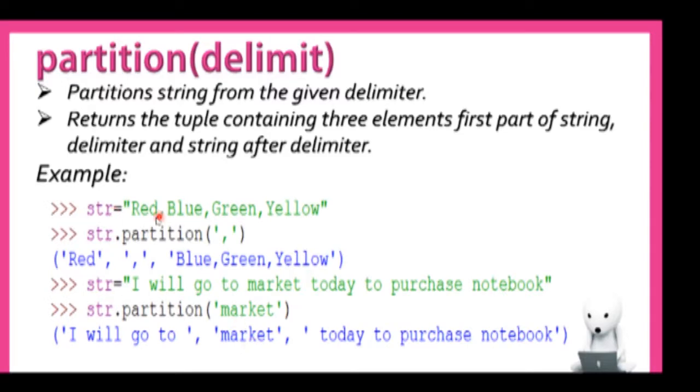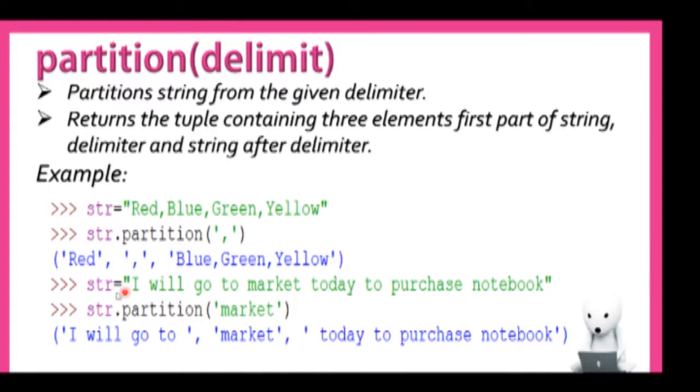So for example, if I store red, blue, green, yellow to my string str.partition, it will check first occurrence of this delimiter, it is comma. First element of the tuple is red. Second element of the tuple is comma, that is the delimiter, and third element of the tuple is the remaining part of the string, that is blue, green, and yellow.